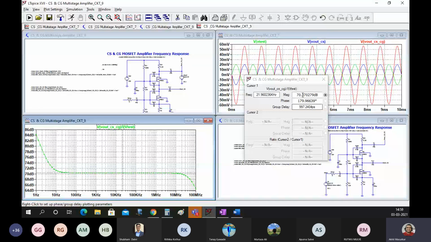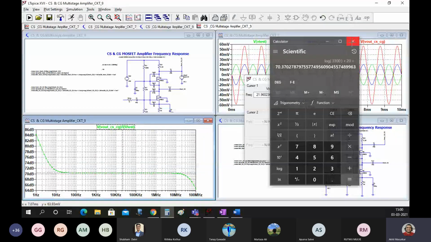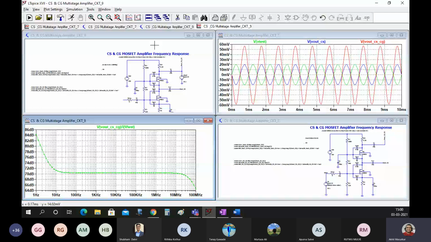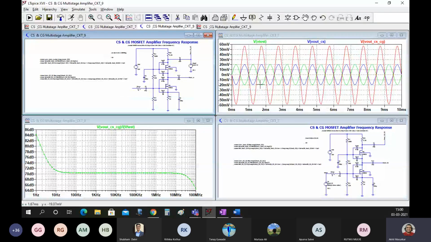That means our output is perfect. I want you all to do these analysis. I'm very particular about these things because an engineer should know how to do the analysis well.